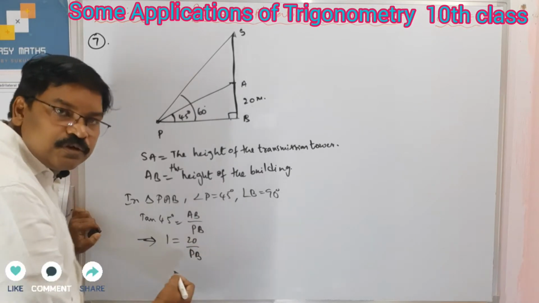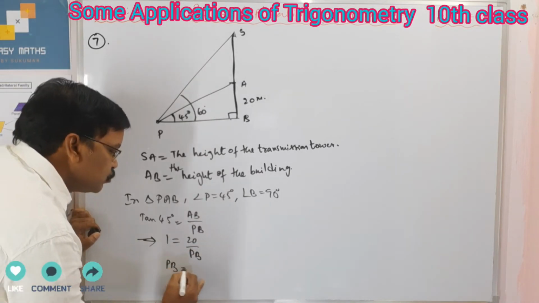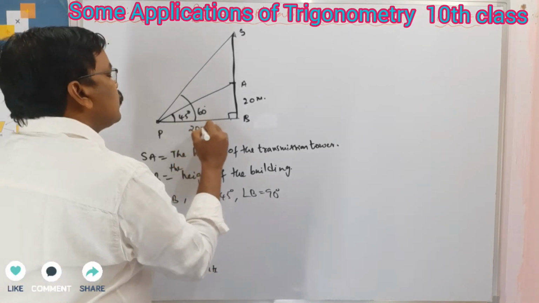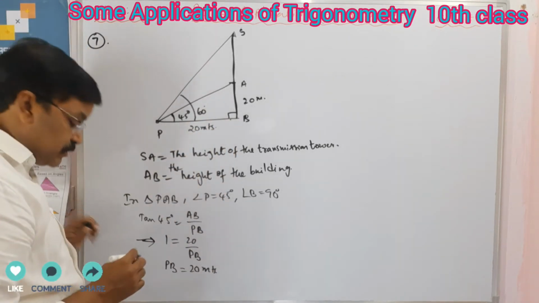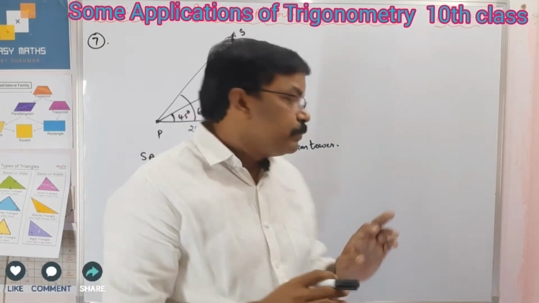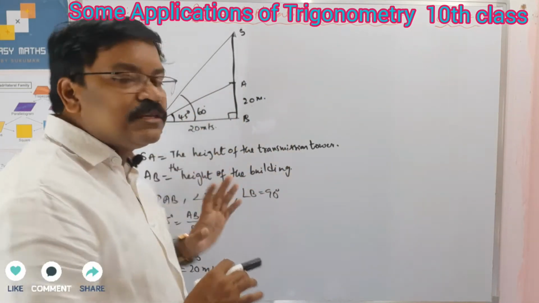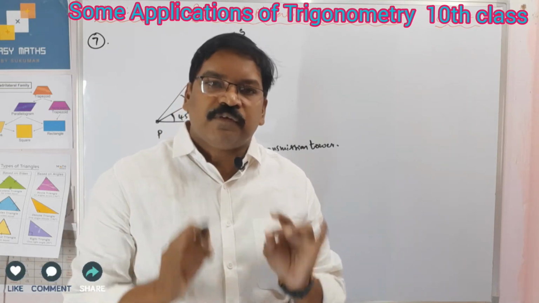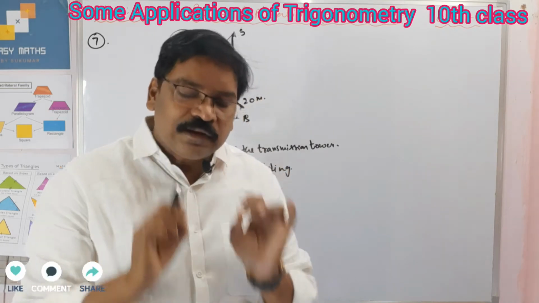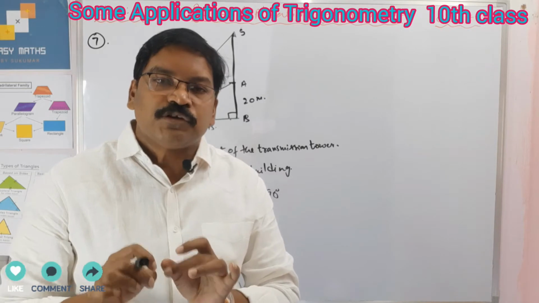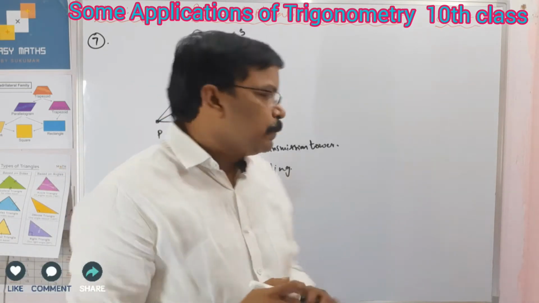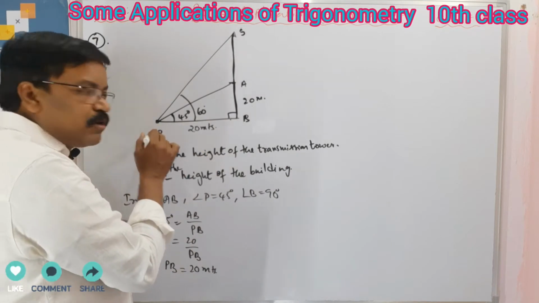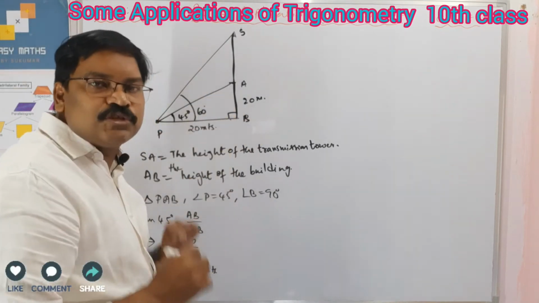So from this equation, PB is equal to 20 meters. When the angle is 45 degrees, the adjacent side is equal to the opposite side. The distance between the point on the ground and the bottom of the building is 20 meters.